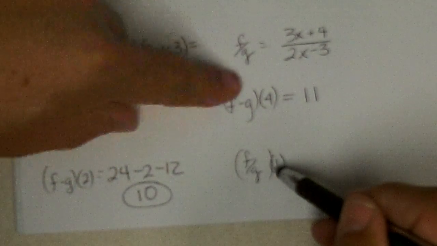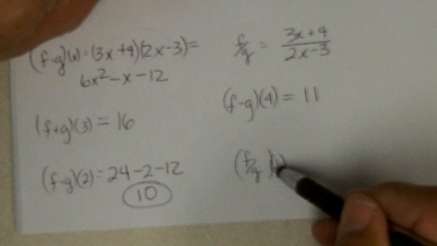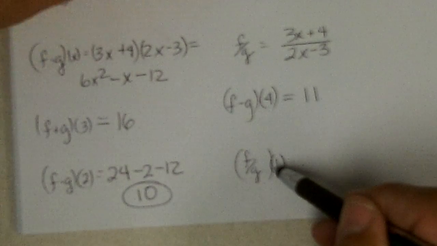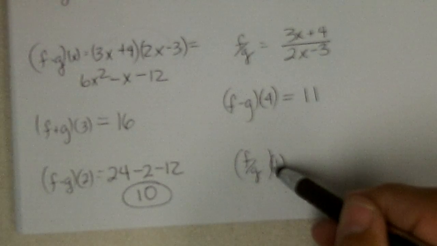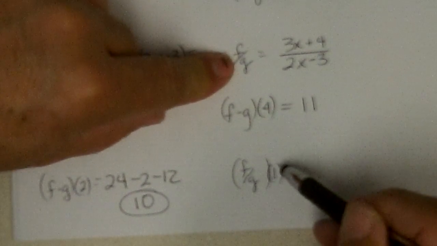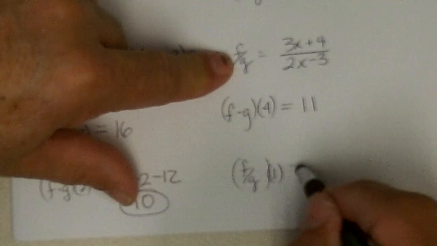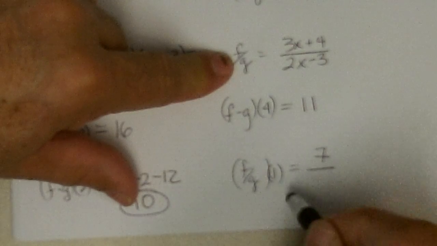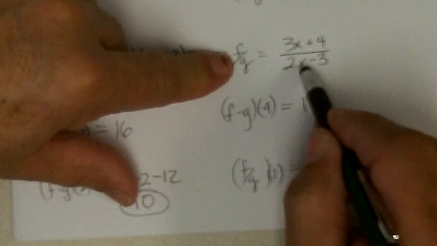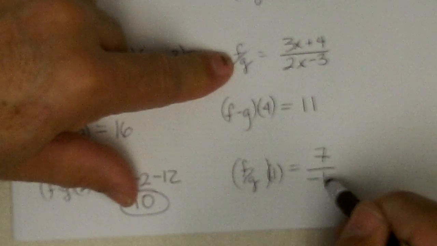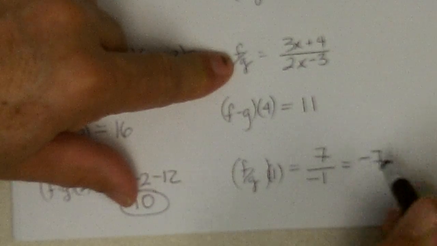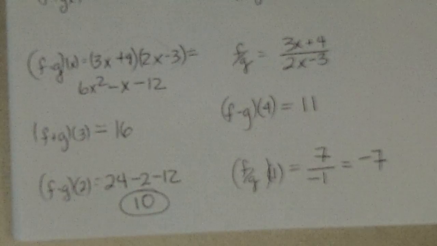We didn't have a division here, but division would be f, oh, we do have division right here. We put in 1, so 3 times 1 is 3, plus 4 is 7, and 2 times 1 is 2, minus 3 is negative 1, and that's 67.